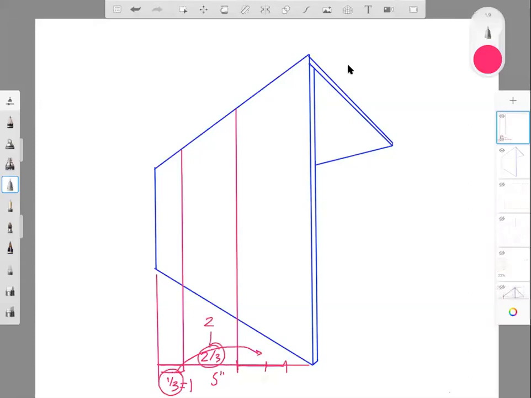This becomes a 2, and this becomes a 3. So to get this distance here, it would be 1 times 3. Easy. Yeah, this thing I understand completely.